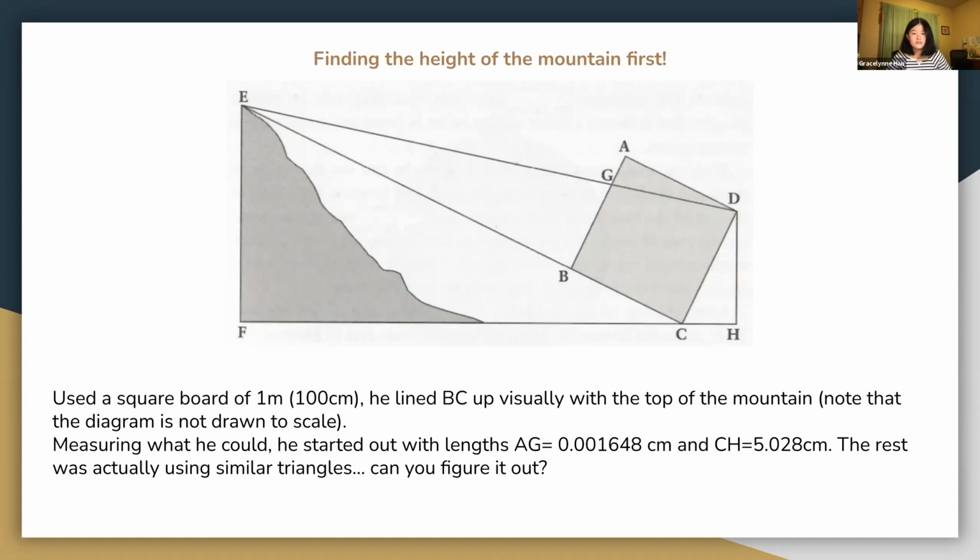CH was found either with the shadow, or he might have used a string to drop it down perpendicular with the help of gravity. The rest was using similar triangles, which you may be able to figure out with this diagram. Obviously, I'm not asking for any exact measurements, though if you can find it, that would be really impressive.